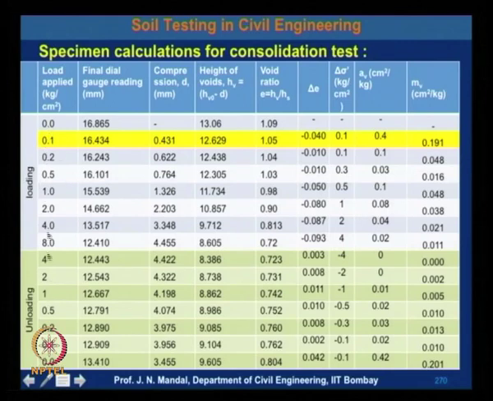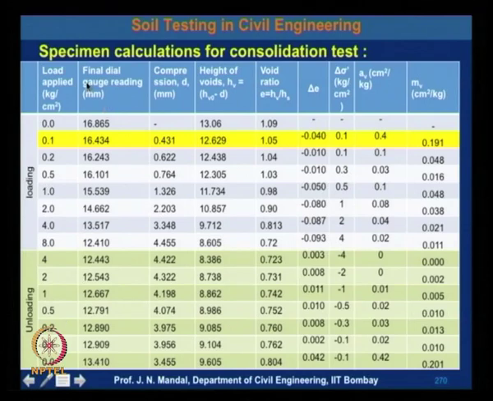So, this part is the loading. This is the load applied in kg per centimeter square from 1 to 8 kg per centimeter square. Then you unload the sample, that is from 4 kg per centimeter square to 0.1 kg per centimeter square.